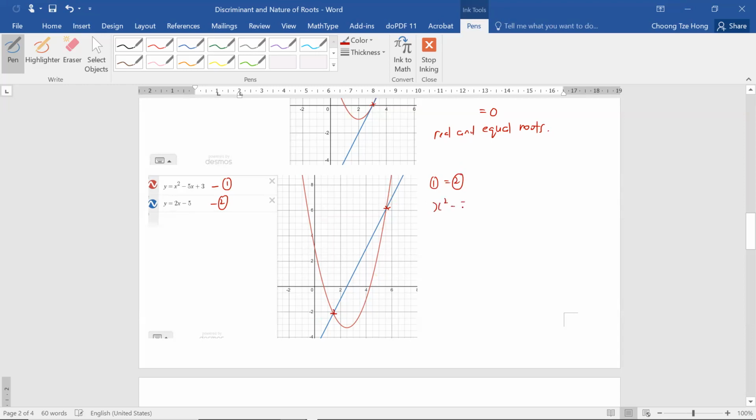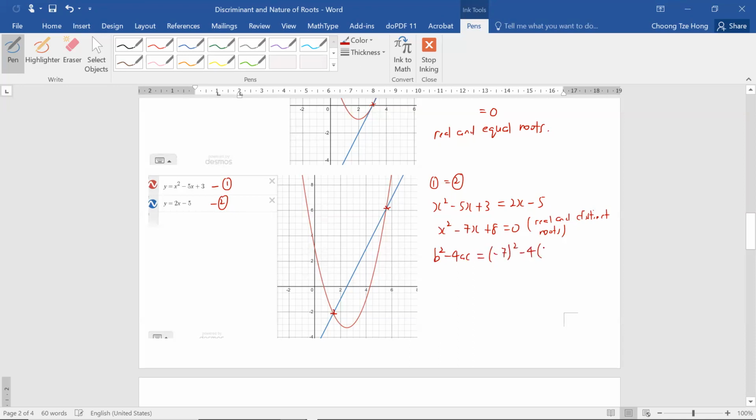So x squared minus 5x plus 3 equals 2x minus 5, giving x squared minus 7x plus 8 equals 0. We should be expecting real and distinct roots. In other words, when we calculate b squared minus 4ac, we should expect it to be positive.